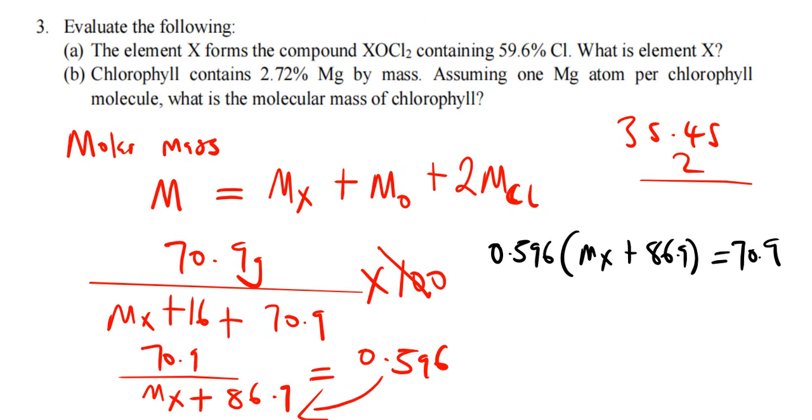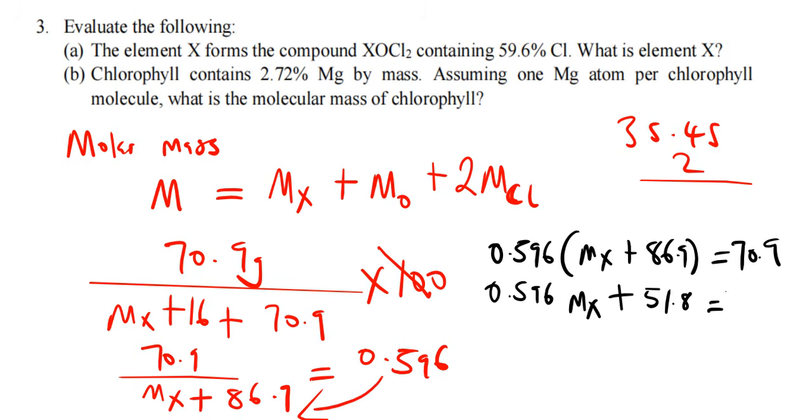So now that we've got this, what do we do? I'm going to distribute. It's going to be 0.596 mx plus 0.596 multiplied by 86.9, which gives 51.8.